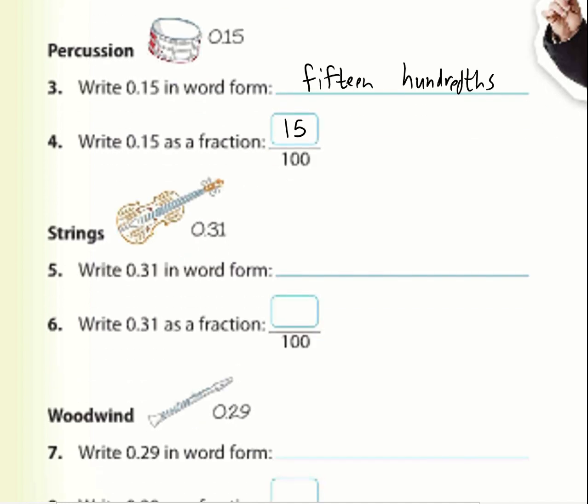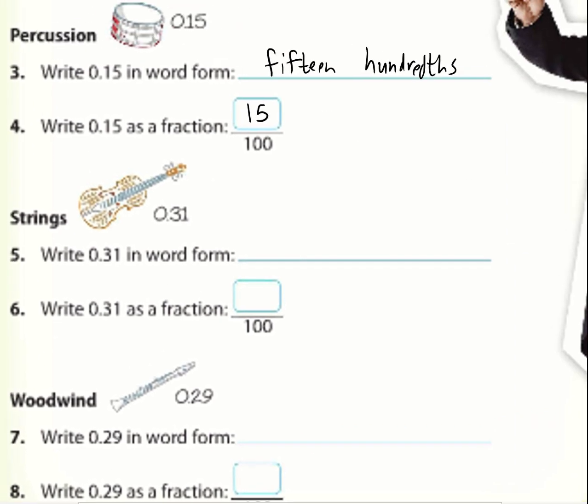In strings, this is write 31 hundredths in word form. So we can say 31 hundredths. And these are all decimals.